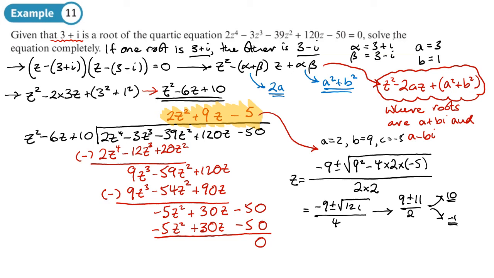Okay, so all of the roots we have are 10, negative 1, 3 plus i, and 3 minus i. Right, I've just spotted an error.